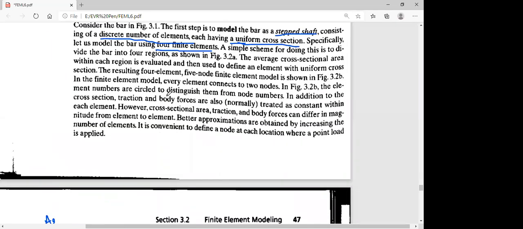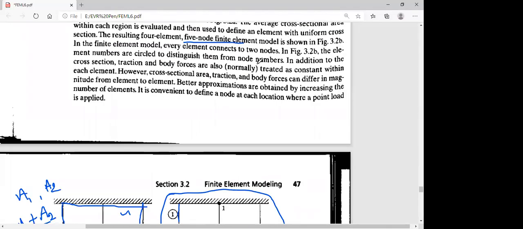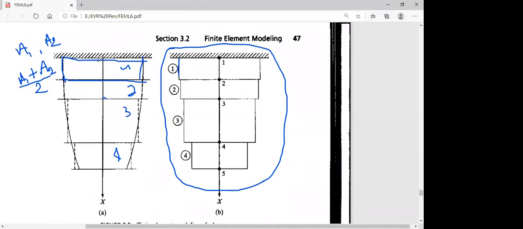So in this finite element model, we have 4 elements and 5 nodes. Each element has 2 nodes. Here at the fixed support, it is node 1. At the end of the first element, there is another node 2.